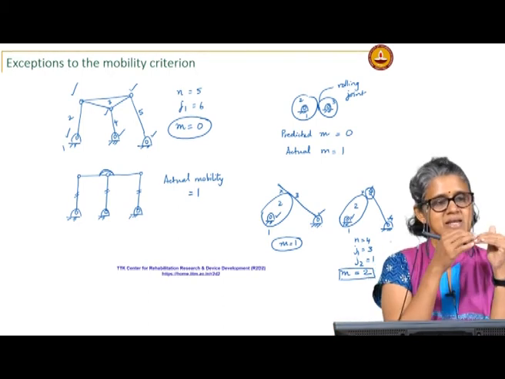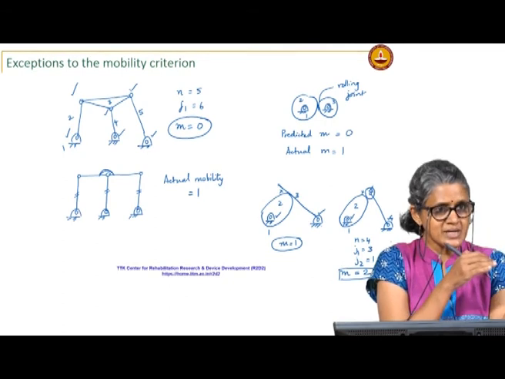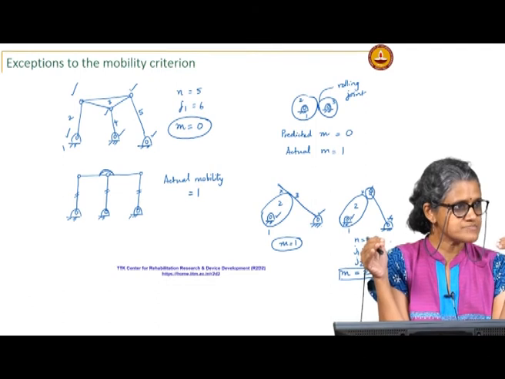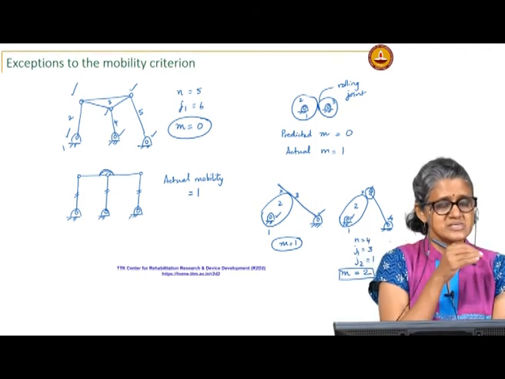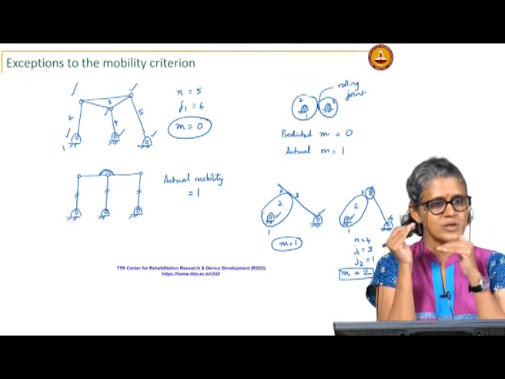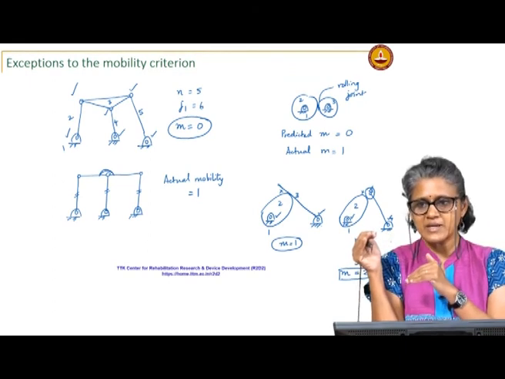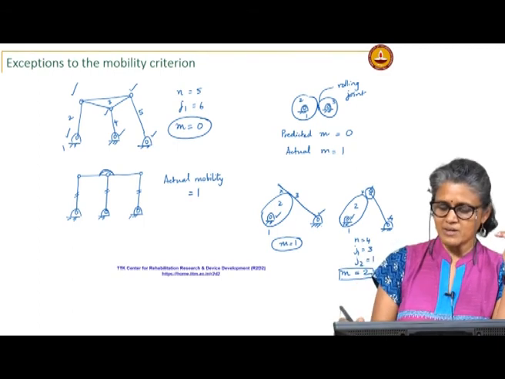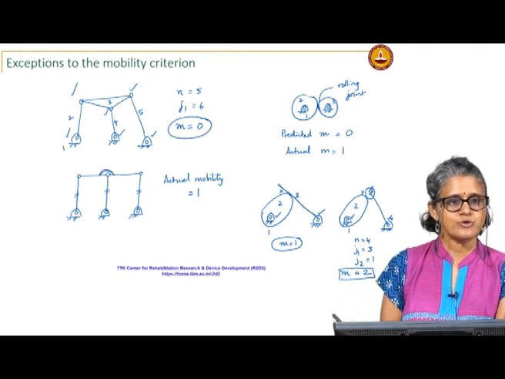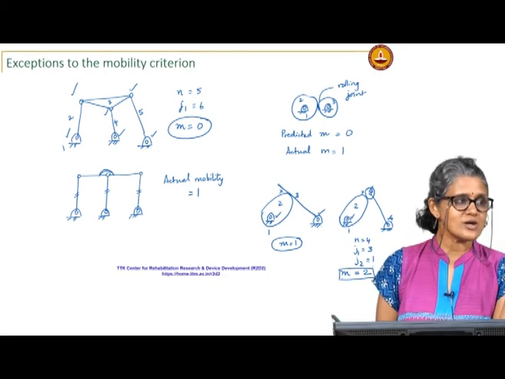So, mobility basically tells you how many inputs you need to get your predictable output. So, if a mechanism has mobility equal to 1, it means one input will give you a predictable output. Here this mobility equal to 2 tells me that I have to give 2 inputs, but it turns out that is not really true.